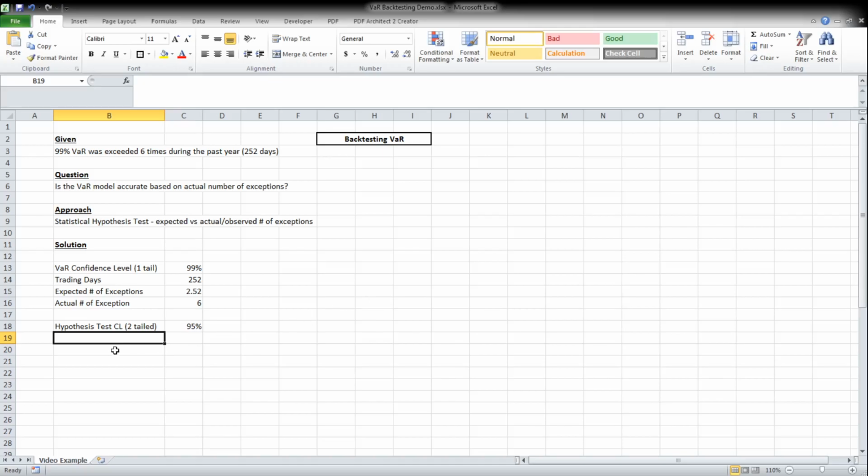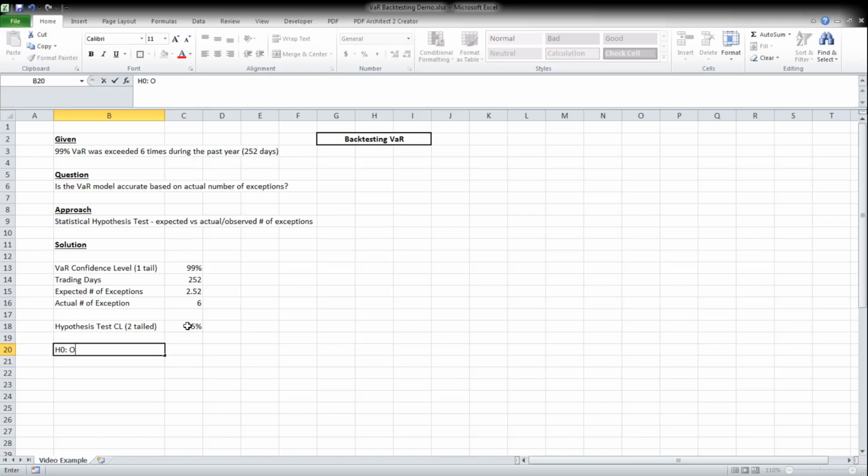So let me define my null and alternate hypotheses for the hypothesis test. Our null hypothesis, or H0, is that our model is good. We don't have sufficient evidence to prove that our model is bad. Our backtesting cannot prove that our VaR model is bad.